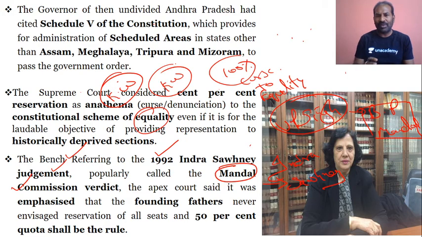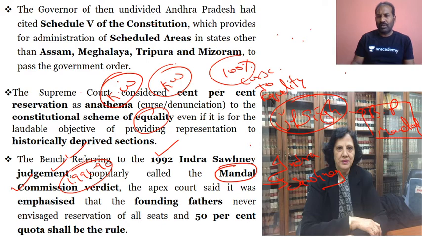When I said comprehensive explanation, this is the thorough explanation. So it is the Mandal Commission verdict, in the year 1991-1992. The Indra Sawhney case judgment, versus the Union Government of India, is also called the Mandal Commission case. And during that time, the Prime Minister was VP Singh.